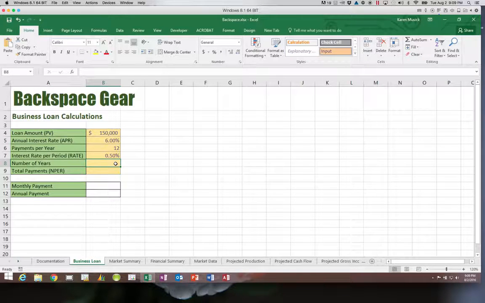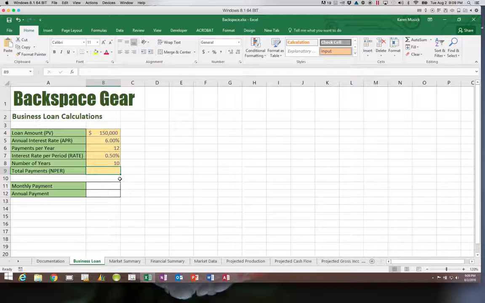The next thing we have to look at is how many years we are going to be paying on this loan. So the assumption is it's going to be paid in 10 years. Now, we cannot deal in years in our payment formula. We have to deal in the number of payments we will be making, or the number of periods.